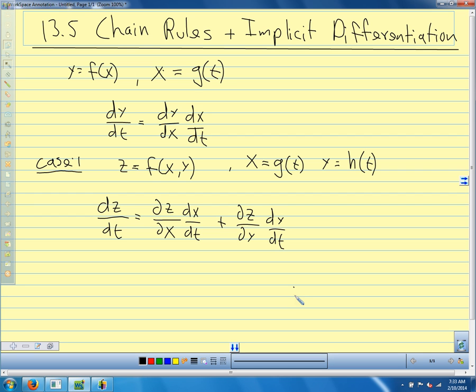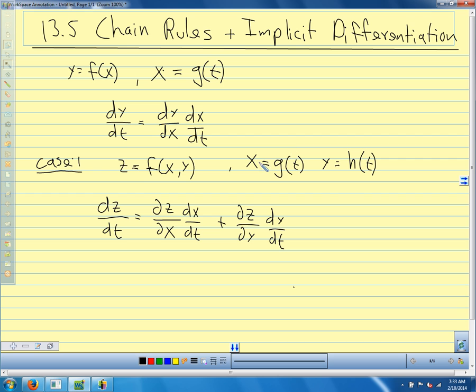That's our first chain rule, when we have a multivariable function and our variables x and y are only a function of one other variable.